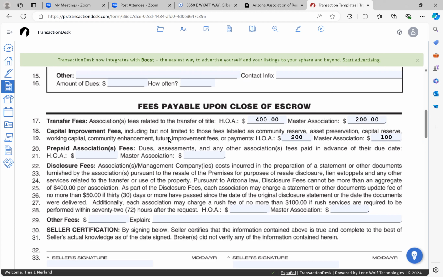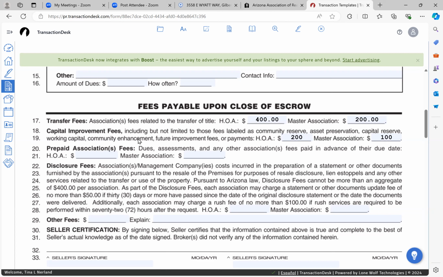But also they were fighting me on the wording, because I put that it was a capital improvement fee. And she was stating, well, it's not a capital improvement fee, it's a community enhancement fee. And because it clearly states it all right here, it is the exact same fee.